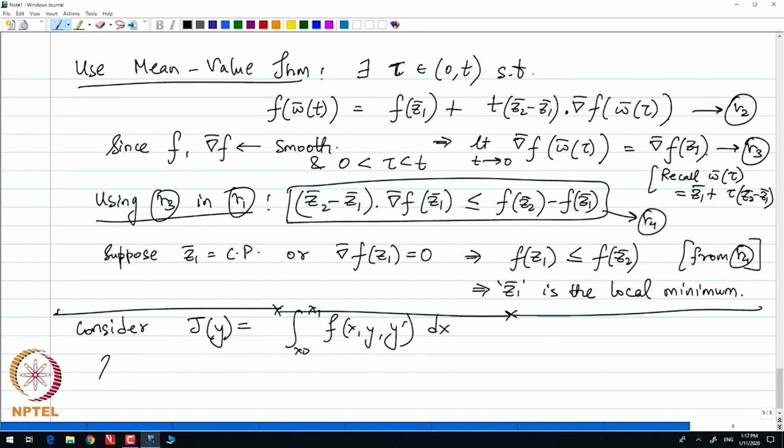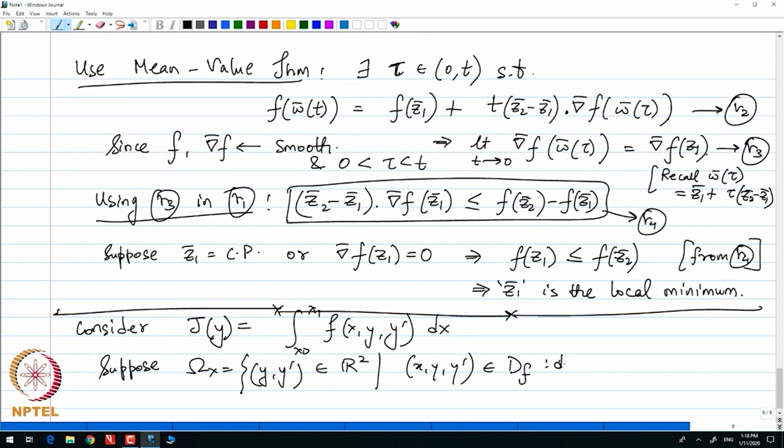So suppose omega of x, which is given by the tuple y, y prime, is in R2 such that x, y, y prime is in the domain of f. This 3-tuple is in the domain of f.